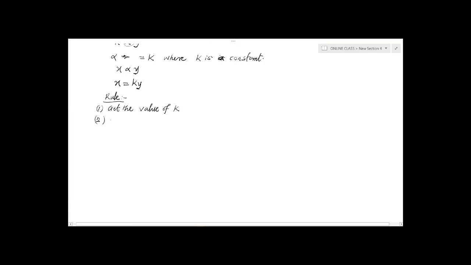Second, substitute for k, to have the relationship between the variables. Now, what are we doing here? Let's now see an example.